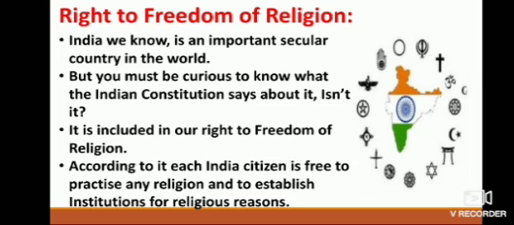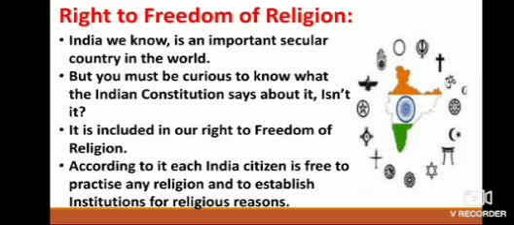It is included in our right to freedom of religion. According to it, each Indian citizen is free to practice any religion and to establish institutions for religious reasons.